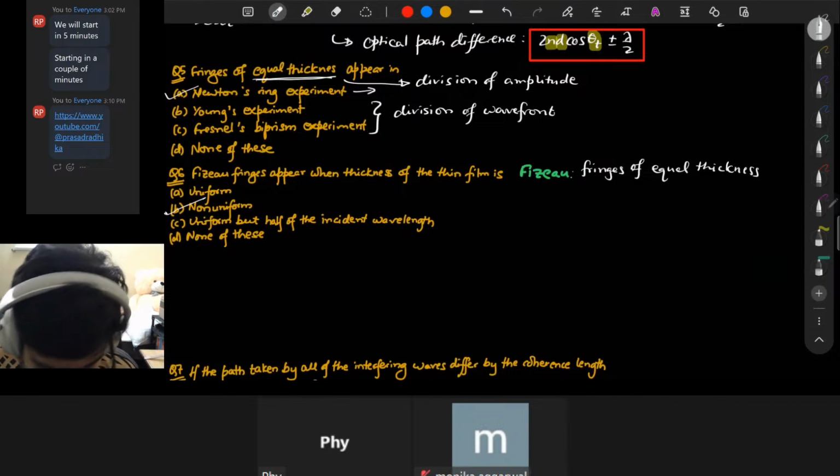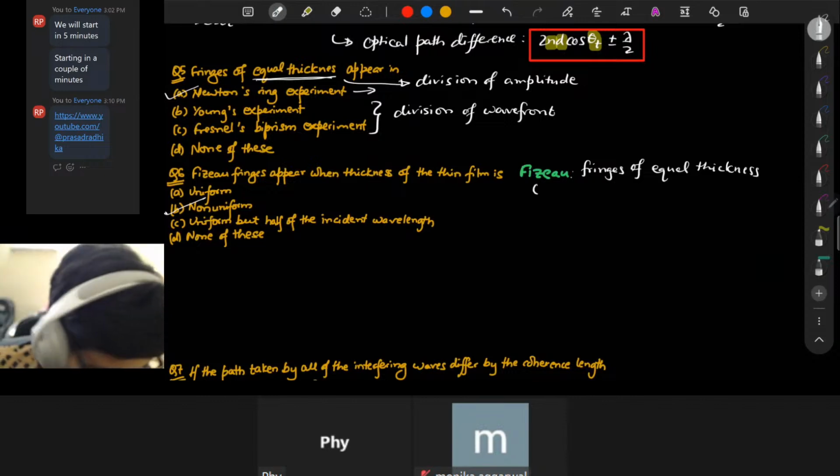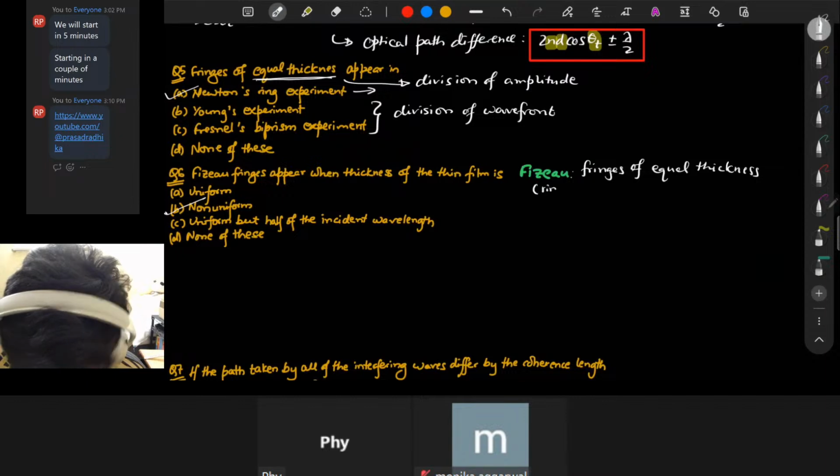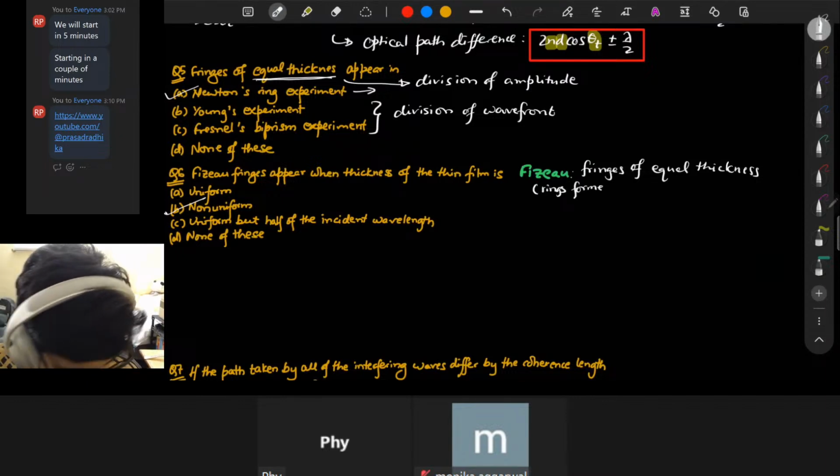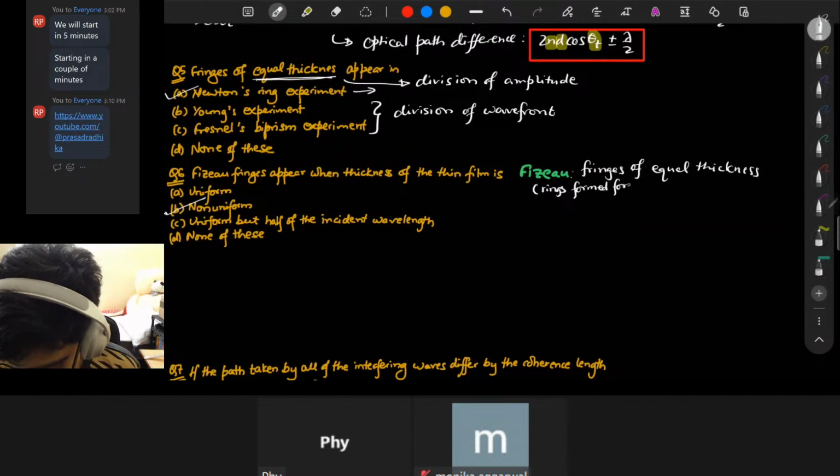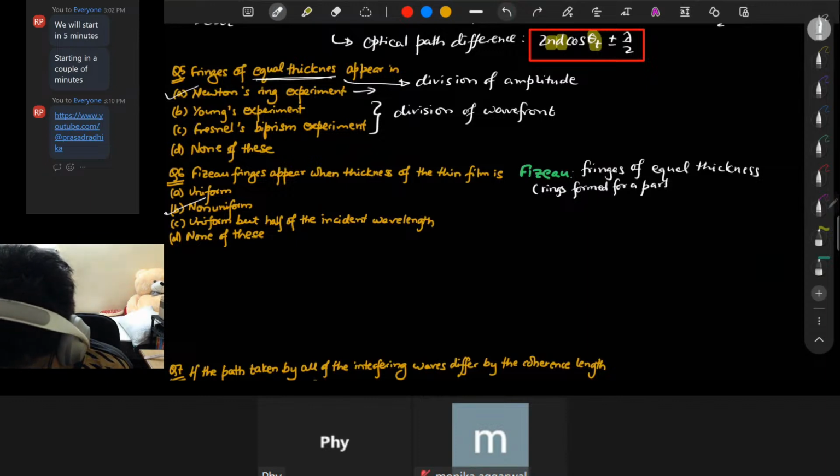This means that we obtain circular ring fringes, so a ring is formed for a particular value of thickness.